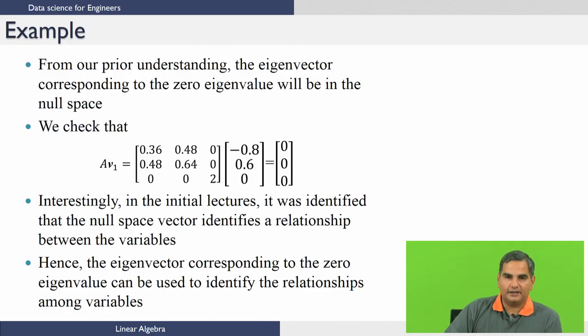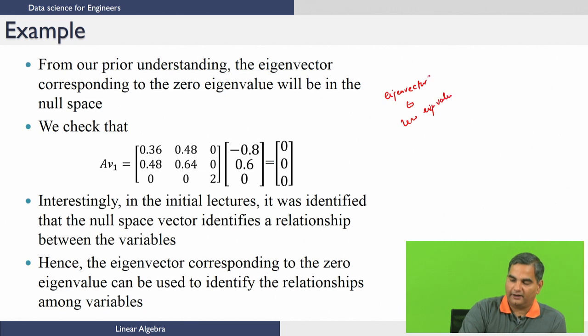Interestingly, in our initial lectures we talked about null space, and we said the null space vector identifies a relationship between variables. Now, since this eigenvector is in the null space, the eigenvectors corresponding to 0 eigenvalues identify the relationships between the variables, because these eigenvectors are in the null space of the matrix.